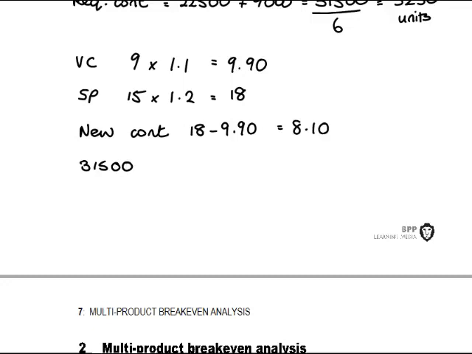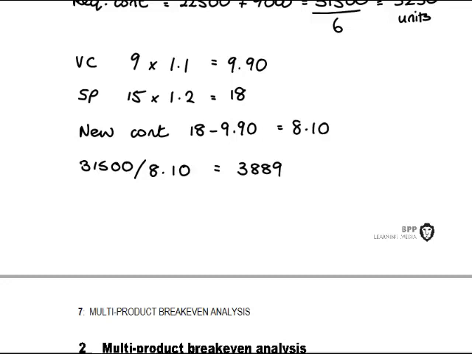Now we need to know how many units are going to reach that target profit. So remember, 31.5 was the amount of the fixed cost and the 9,000 target profit. If we now divide that by $8.10, we end up with 3,889. Notice that I've rounded up there, and you always need to round up in break even. If we sell 3,888, we won't quite have covered it.